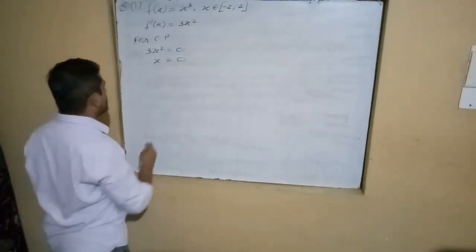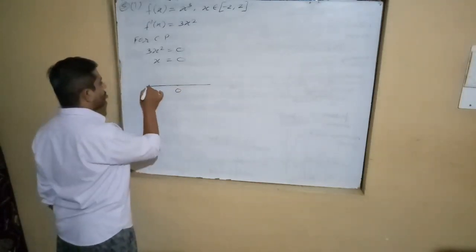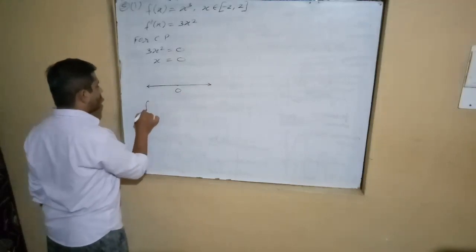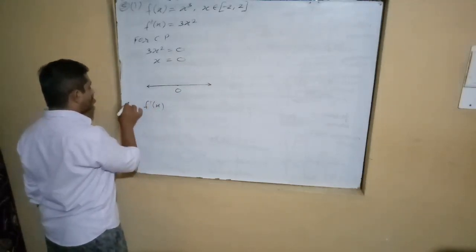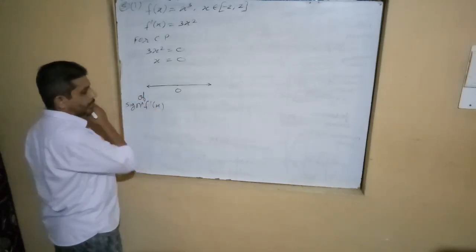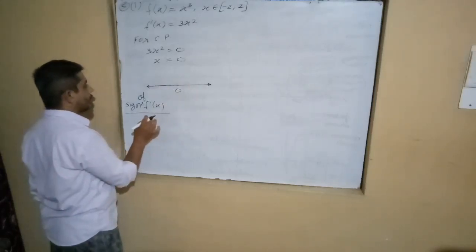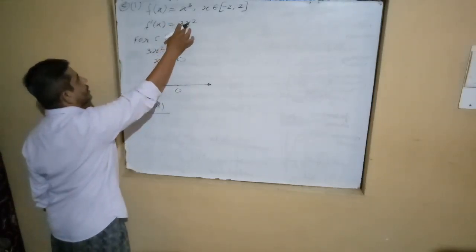That's why I was saying we apply the first derivative test. Okay, so here in the first derivative test we plot the critical point on the number line. Now on the left hand side we find what? The sign of f dash x, at the left hand side of the critical point and at the right hand side of the critical point. So where is our left hand side? This is.